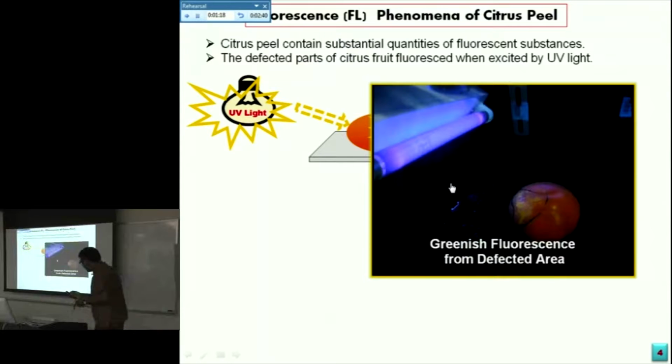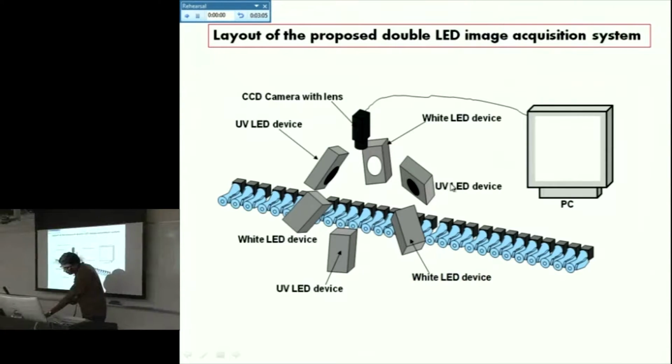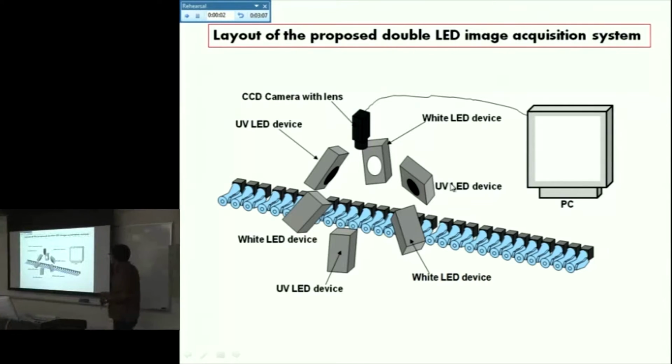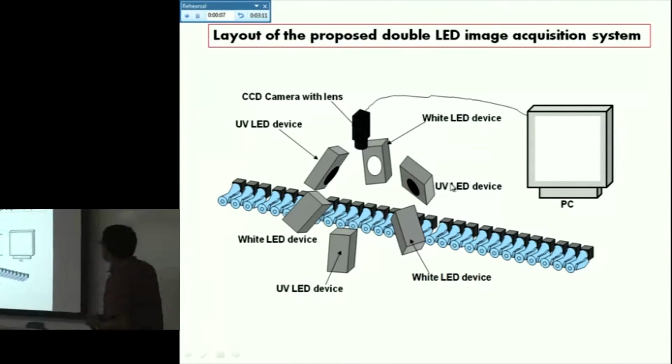Due to the presence of fluorescent substances in the citrus peel, a wide variety of citrus defects can be detected by using a fluorescence imaging system. Therefore, in our research we are focusing on a fluorescence imaging based system, passing the fruit through a darkened room on the packing line to detect defective or rotten citrus. And this is the layout of the proposed machine vision system.